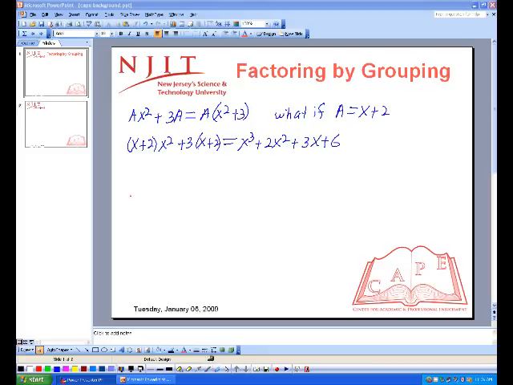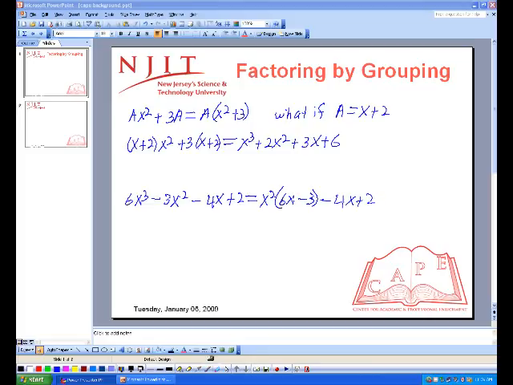Now, let's look at an example. Let's say 6x cubed minus 3x squared minus 4x plus 2. Let's factor out that x squared. So this is going to lead us to x squared times (6x minus 3) minus 4x plus 2.